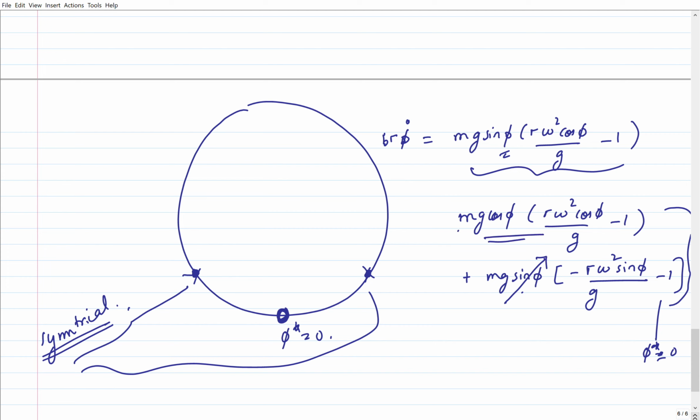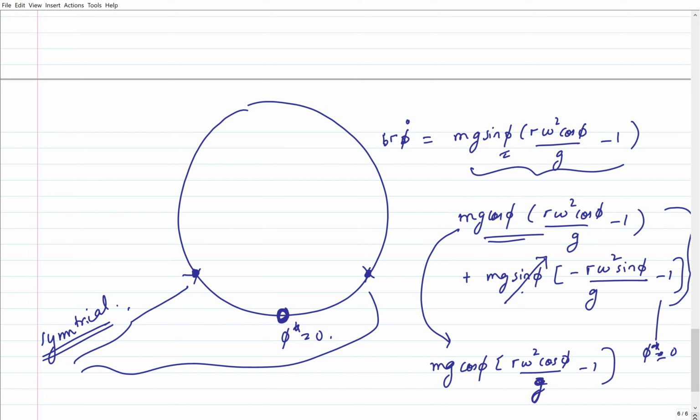I am left with mg cosine phi times (r omega square cosine phi upon g minus 1).